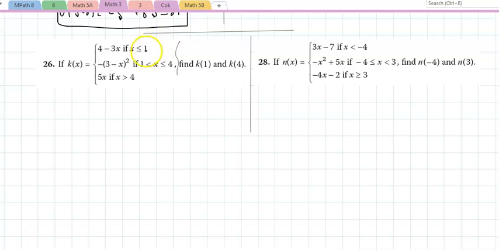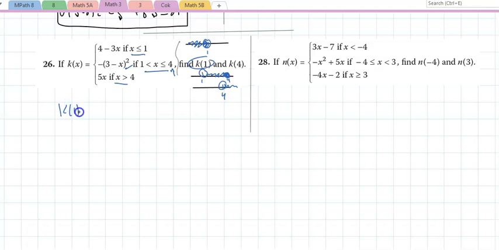This is, again, if x is, you don't have to put them on a number line, but it kind of helps to see what you're doing. So here, you could use this if x is less than or equal to 1. You could use this if x is between 1 not included to 4 included. And if x is bigger than 4, and they want to find k of 1.